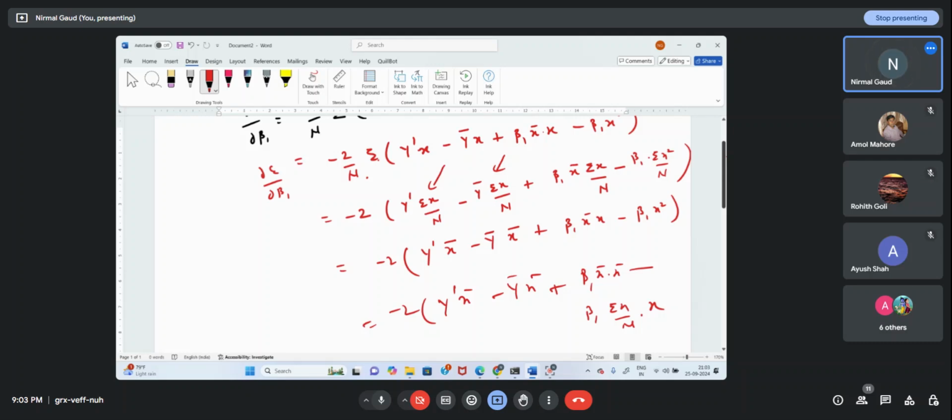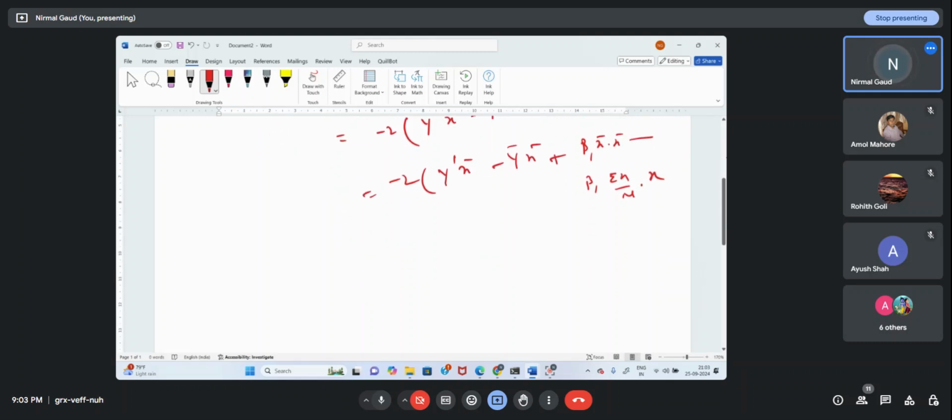Because it is x square now, split it into x and take summation and divide by n with one of the x, and one you just keep as it is. If I continue with the same process, minus 2 y dash x bar minus y bar into x bar plus beta 1 x bar into x bar, this will turn into minus beta 1 x bar into x.